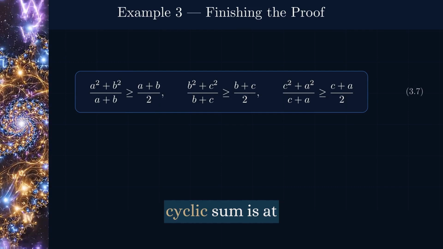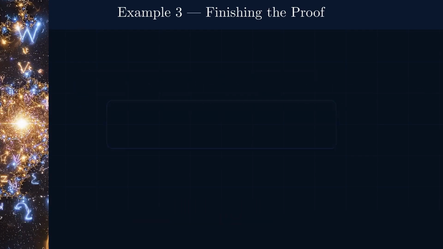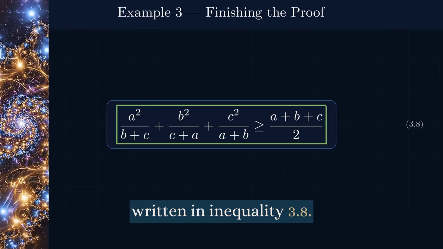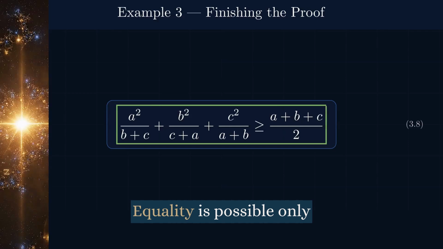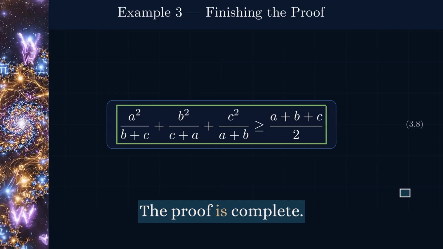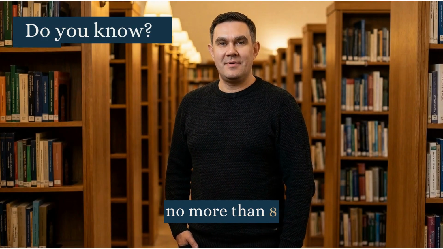So 2 times the cyclic sum is at least A plus B plus C. Hence the original sum is at least 1/2 times A plus B plus C, as written in inequality 3.8. Equality is possible only when A equals B equals C. The proof is complete.